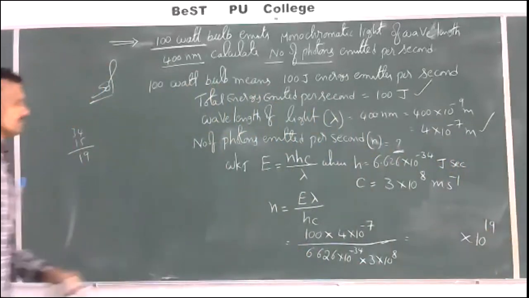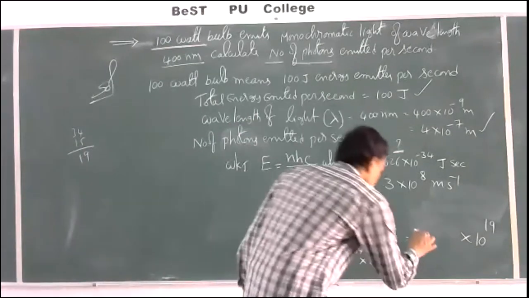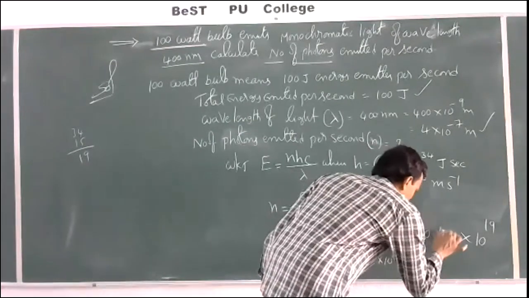Now simplify the remaining part. 100 into 4, nothing but 400 divided by 6.626 into 3. So we got 20.122.